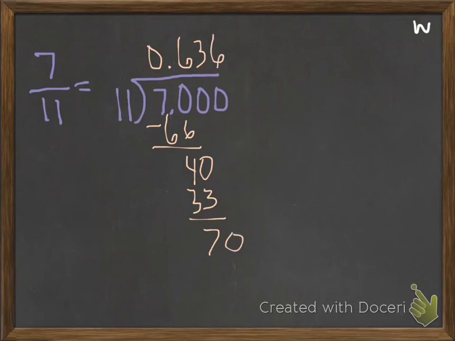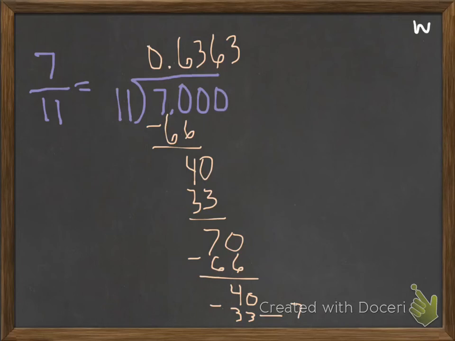You might have started to notice the pattern already. Okay, you might be able to see, I'm running out of room here, but if I keep going, I will keep either getting 7 as my remainder or 4 as a remainder. I'm going to keep dividing into 7.00. I'm going to keep getting this pattern 0.63, 63, 63, 63, 63.